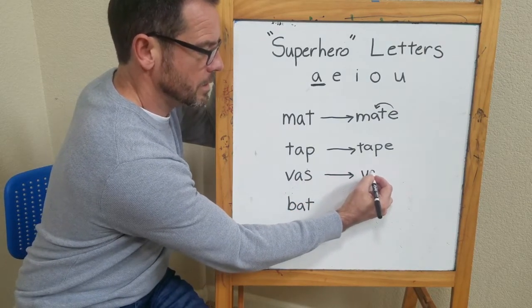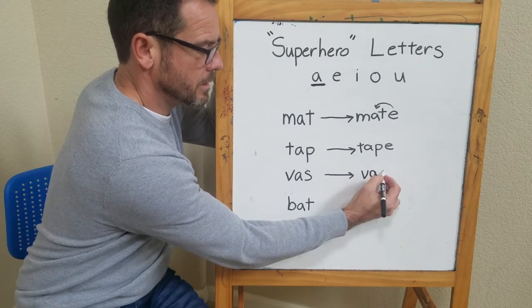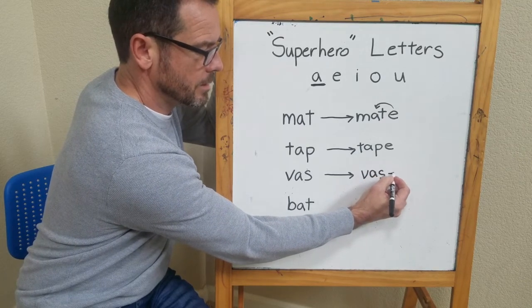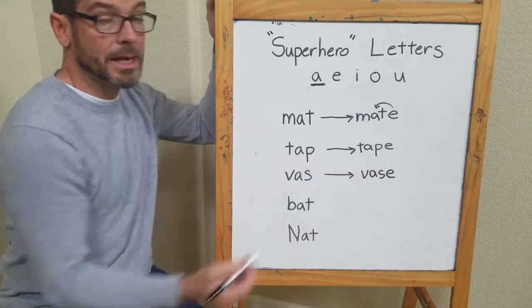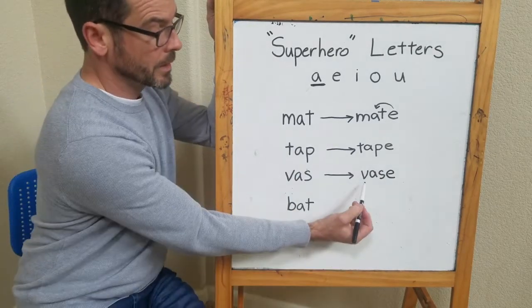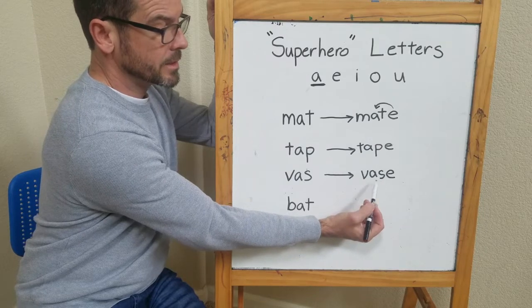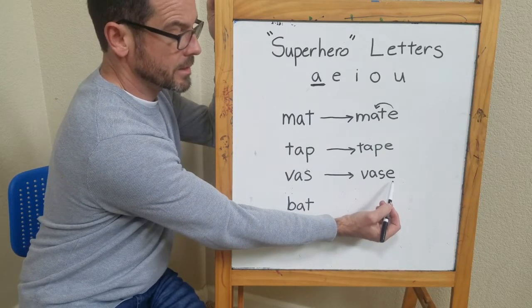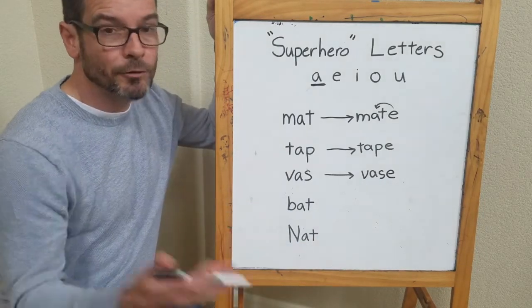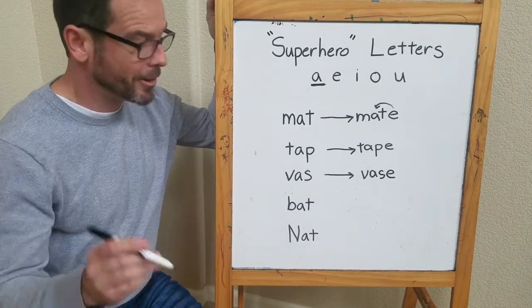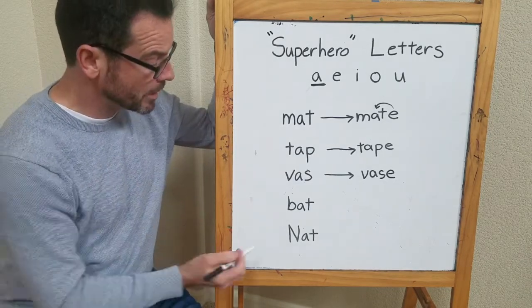V, A, S, and the bossy E. Let's sound it out now. V, A, S, vase. You ever heard of a vase? Of course you have. It's what you put flowers in. All right, good job. Let's go on to the next one.